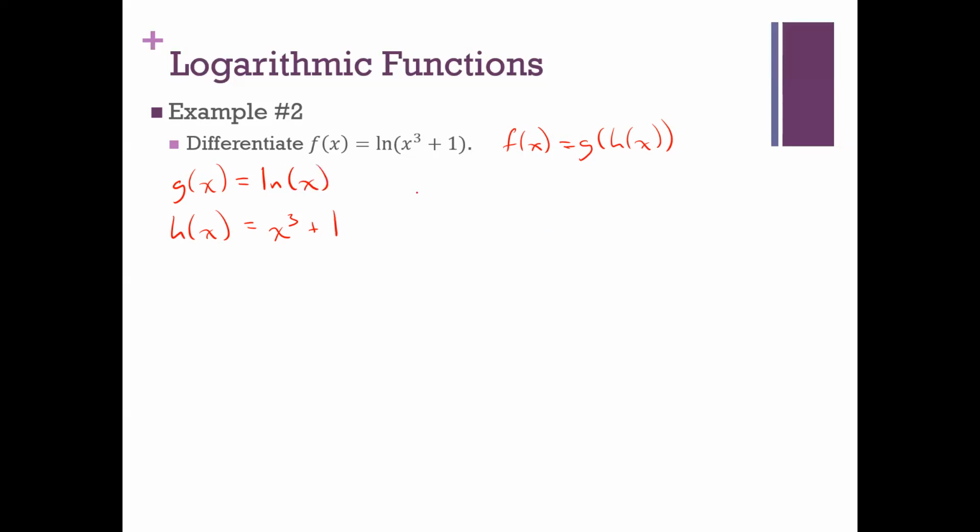You're getting into the derivative. Yep. So now that we have those, we can find their derivatives. What's the derivative of natural log of x? 1 over x. And the derivative of h is 3x squared. So I believe we have everything we need now. So f prime of x is going to be equal to what?